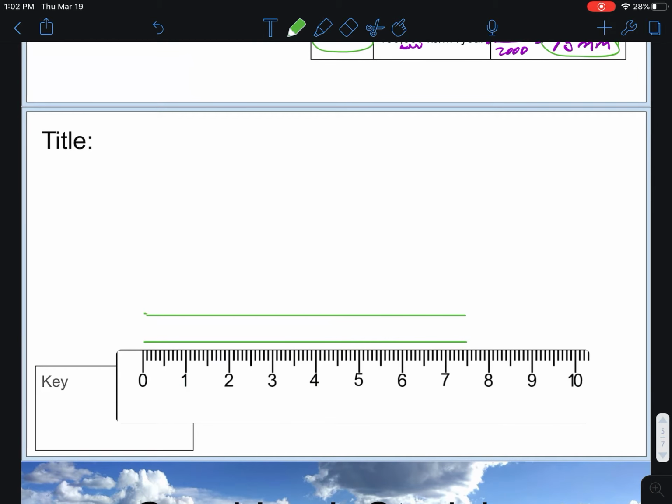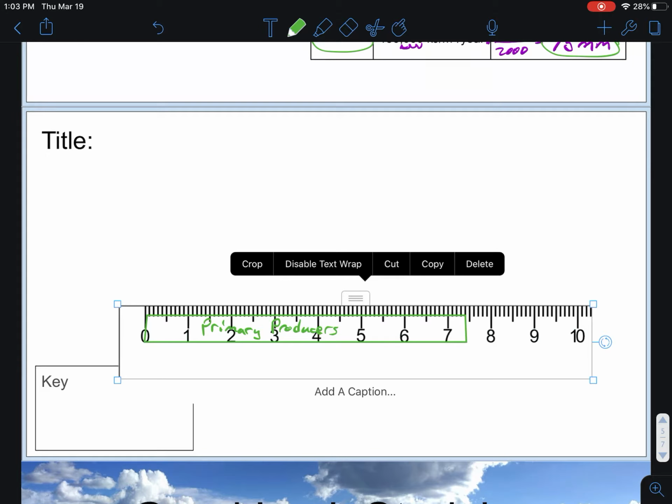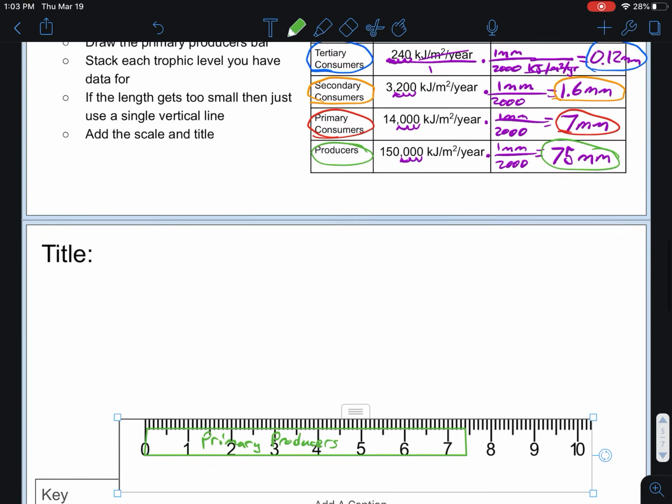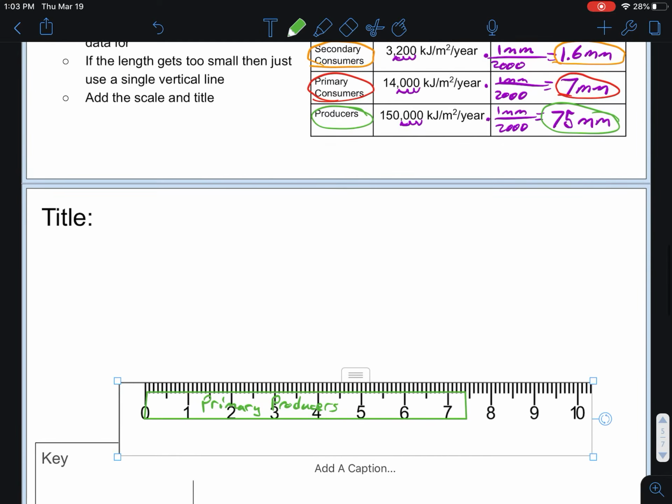Primary producers. Now, bring that up. And I need my primary consumers. My primary consumers, I want to be 7 millimeters.